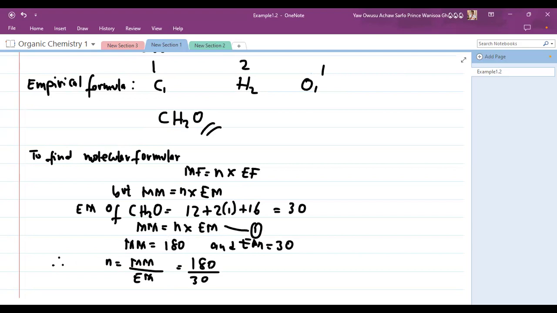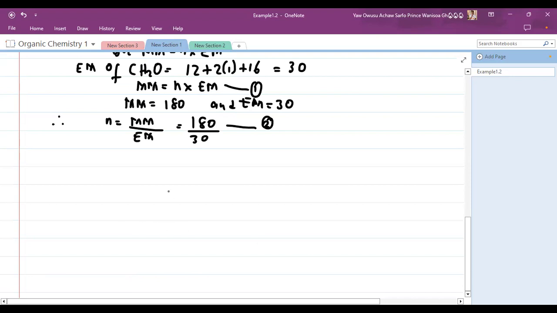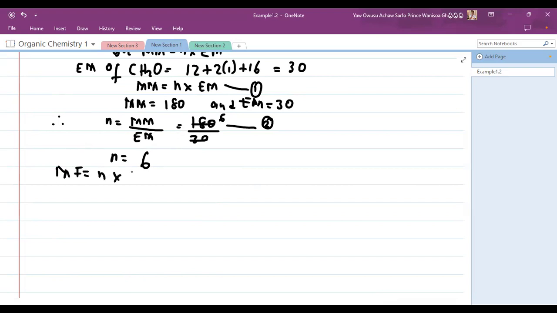That's where we derive this equation. So our N will be equal to 6, because 30 goes into 180 six times. So our molecular formula will be N times empirical formula.